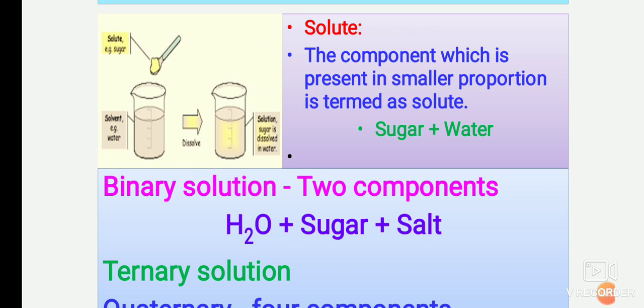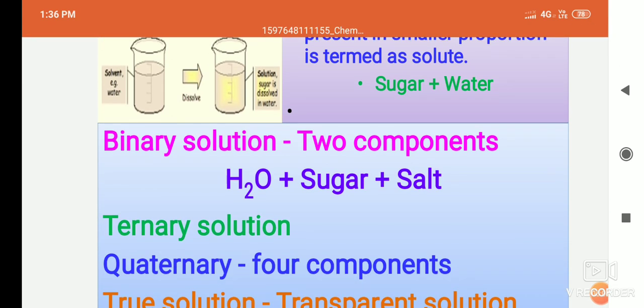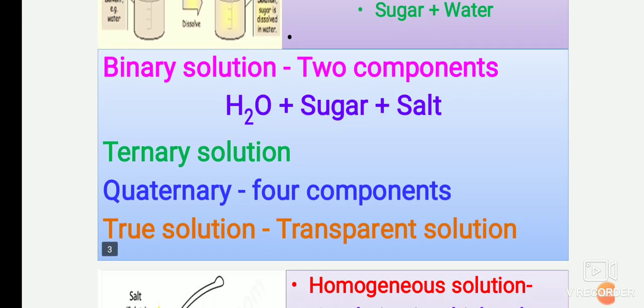If we use three components, water, sugar and salt, then it is called ternary solution. According to this, if four components are used to prepare solution, then it is called quaternary solution.